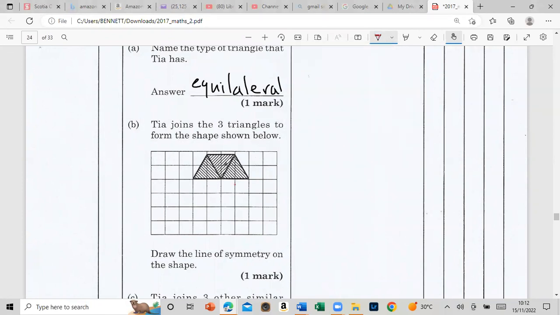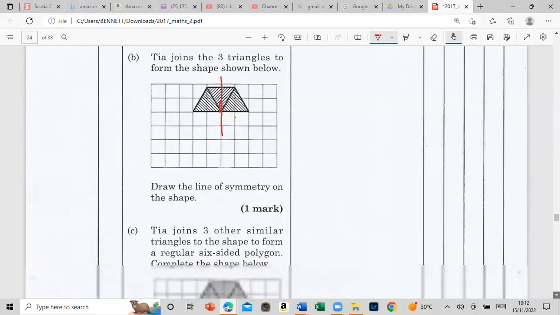If we cut it so, that will be the line of symmetry. No, hold on. This side. Oh yeah, it's correct. This side is big, and then this whole part goes out to this. Alright, so it's correct. That will be the line of symmetry.